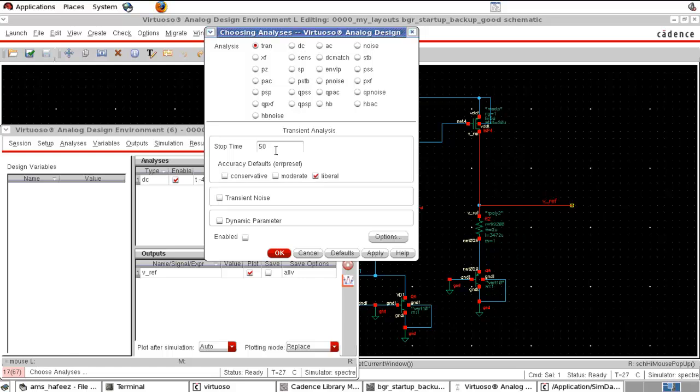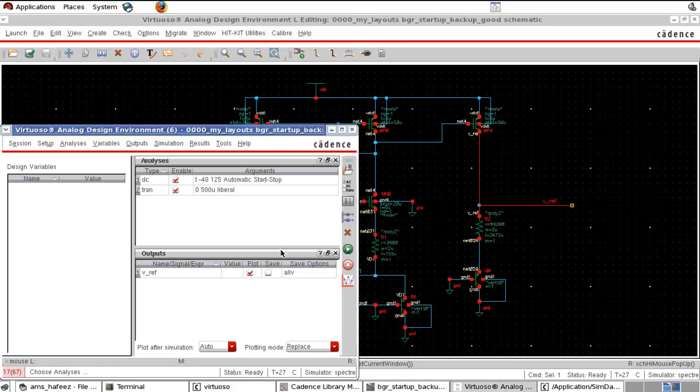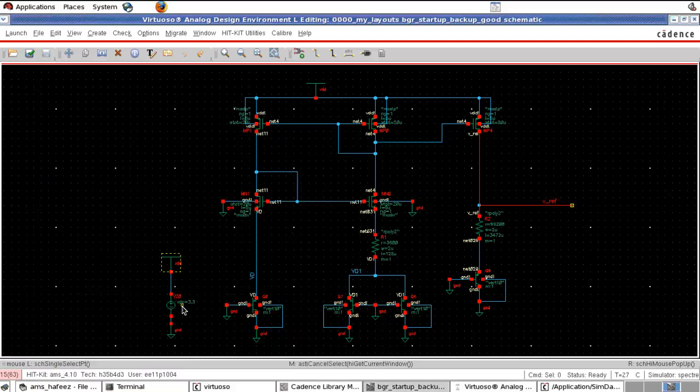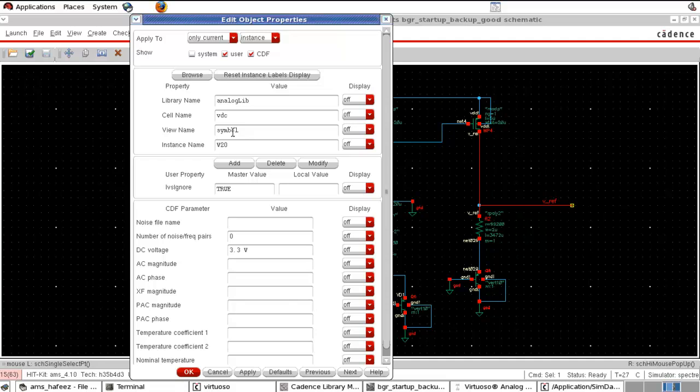So I am giving a transient of 500 microseconds. I am disabling the DC, and instead of giving a DC value, I am giving a pulse signal here. That means initially it will be 0, that means there is no supply. Then we turn on the supply after a particular time interval, and in that case we can expect that we will see the startup issue.